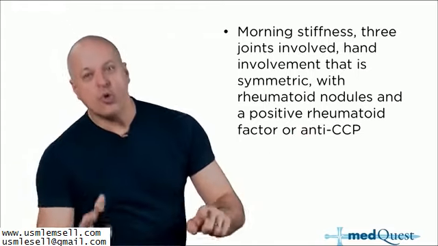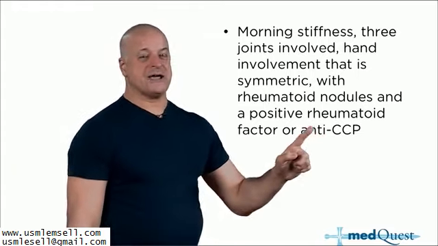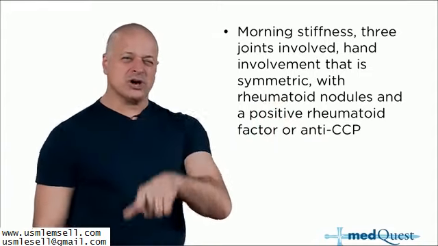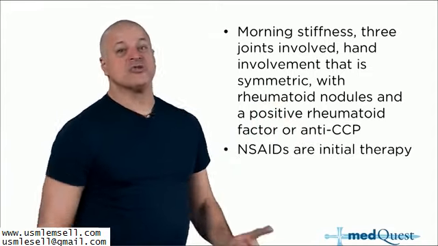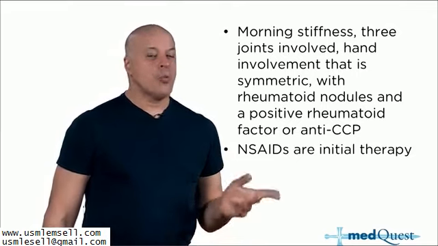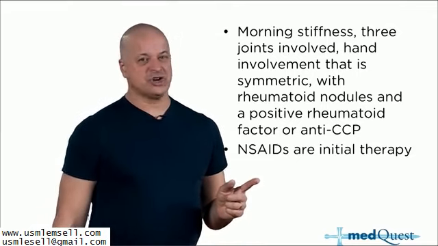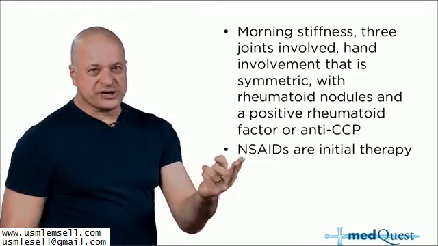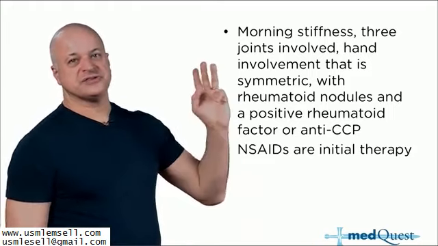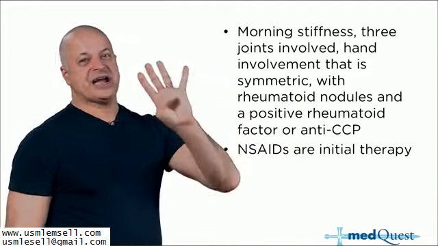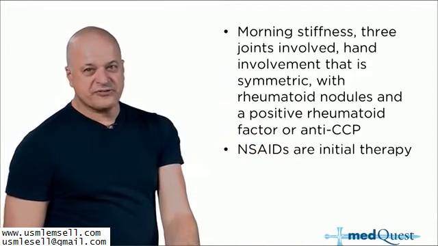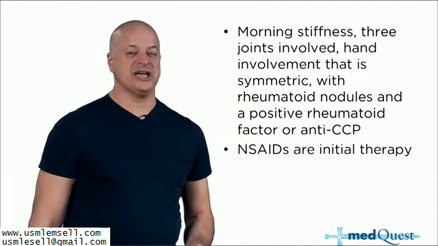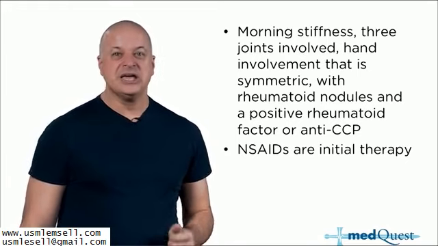One thing alone does not diagnose RA. Multiple joints, long duration of stiffness, long duration of disease, sed rate or C-reactive protein, rheumatoid factor or cyclic citrullinated peptide. That's a mouthful, isn't it?